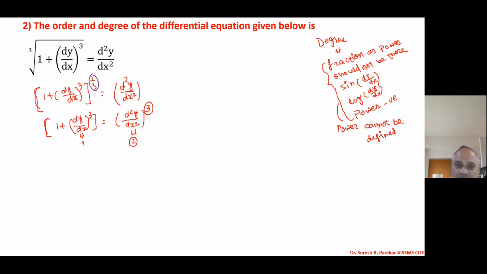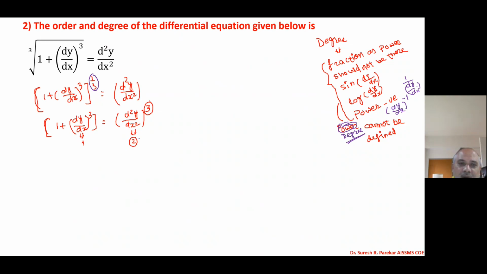And if we cannot remove them, then for a negative power, for example dy by dx with power -1, or 1 upon dy by dx, if this power is negative, then we say the degree cannot be defined.